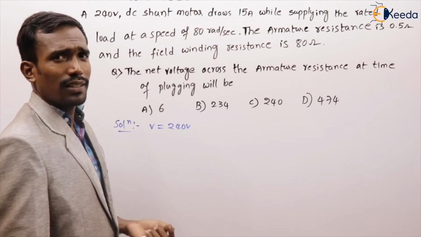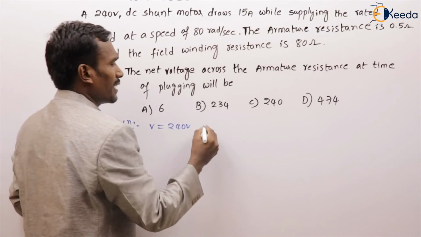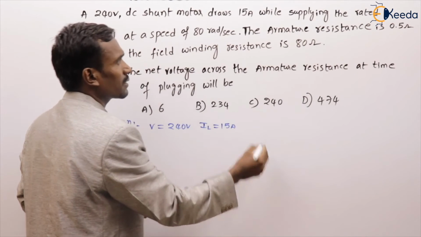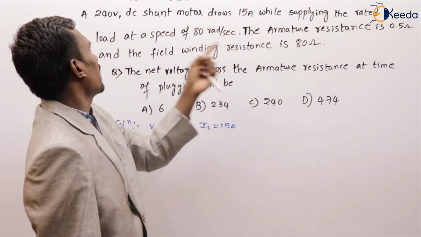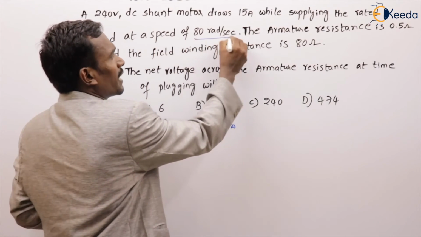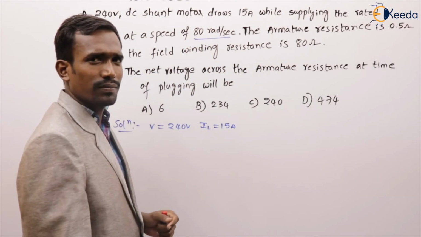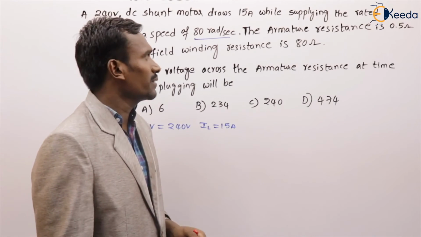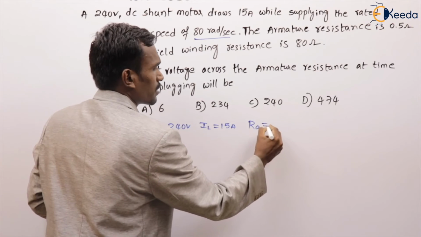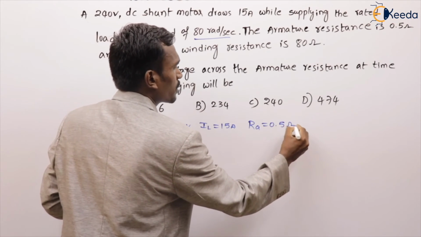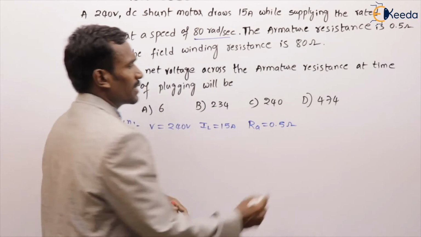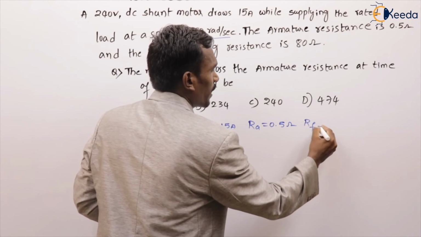A DC shunt motor draws 15 amperes, nothing but the line current of 15 amperes, while supplying the rated load at a speed of 80 radians per second. The armature resistance they have given is 0.5 ohms, and the field winding resistance is 80 ohms, right?